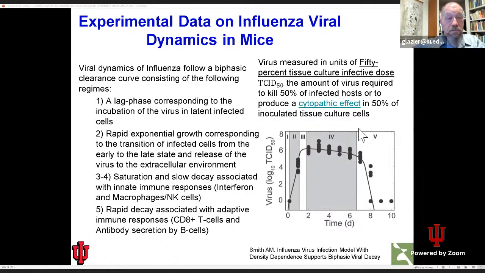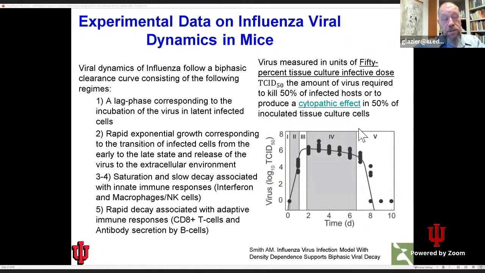And so the classic experiment to do is to take a swab, for example, from your nose, to dilute the liquid in that swab, to put it onto tissue culture plates, and to see either what dilution has 50% of the culture plates show infection, or whether 50% of the cells in the tissue culture are killed.